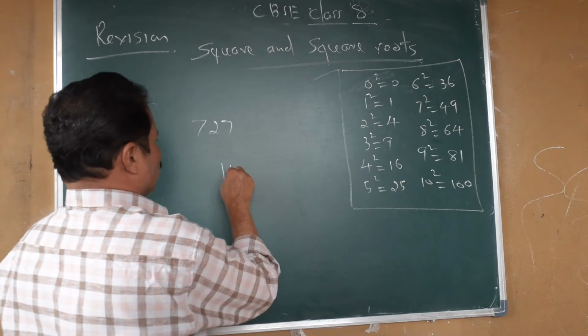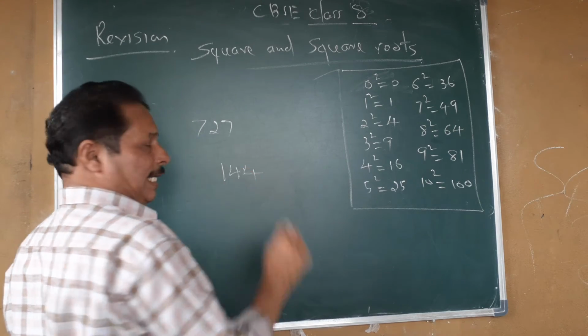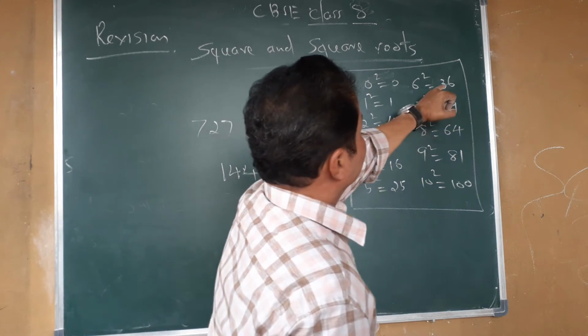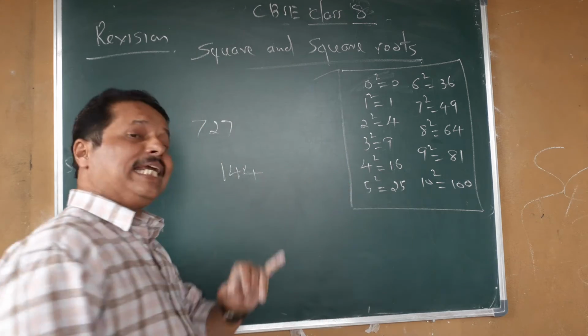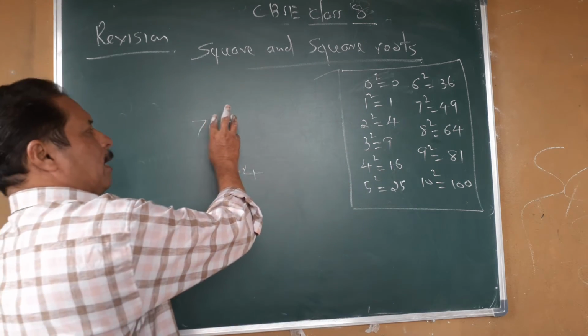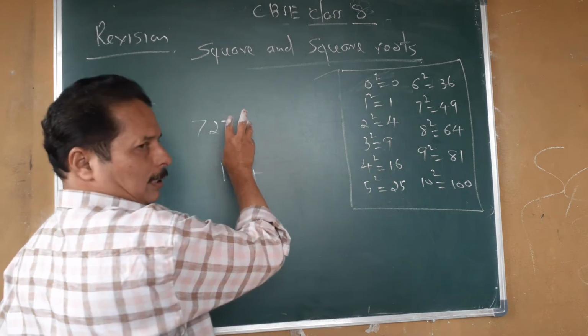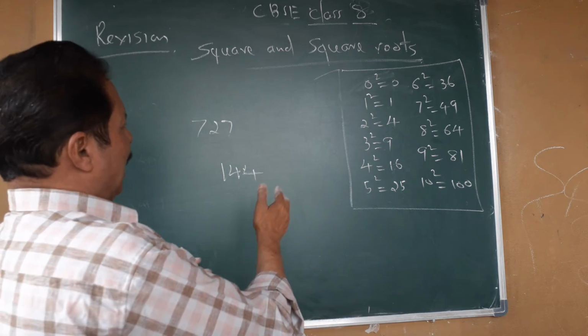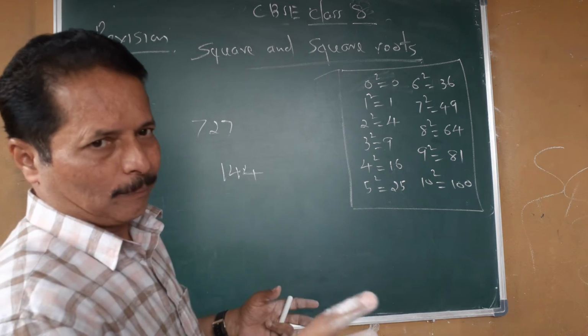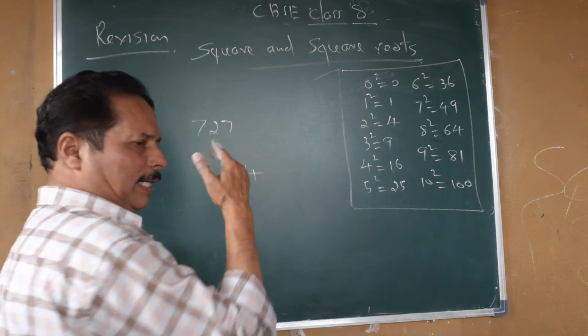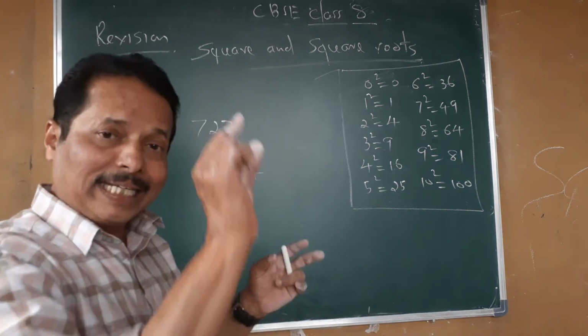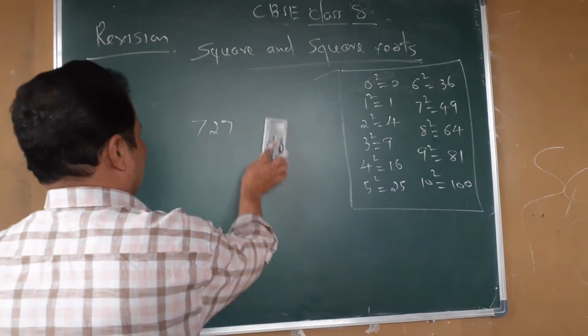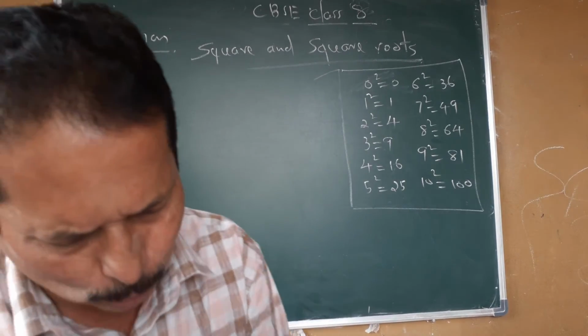Similarly, one of the numbers is 144. 4 square is 16. It's an even number. If the unit place of the number is an odd number, your answer is an odd number. And if the unit place of the number is an even number, your answer is an even number. Get the idea? Okay. That is the second question.